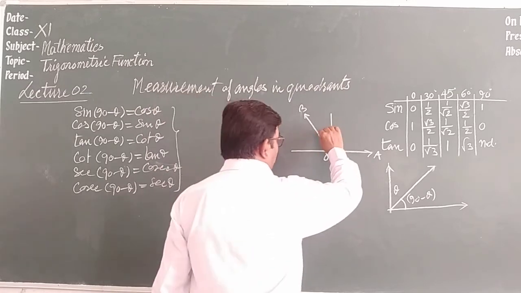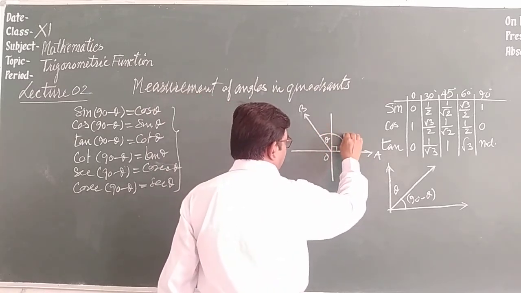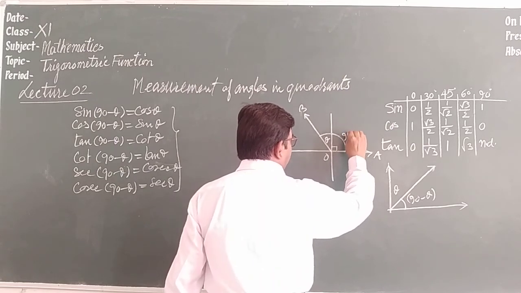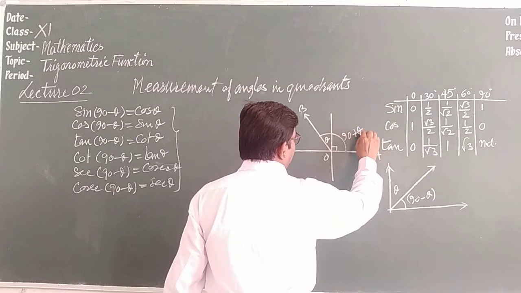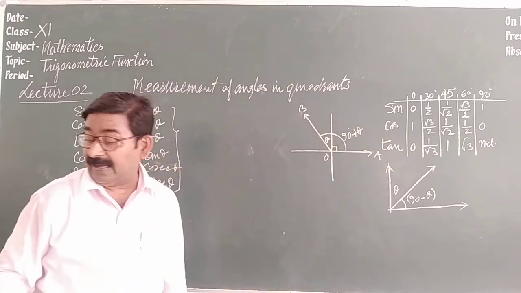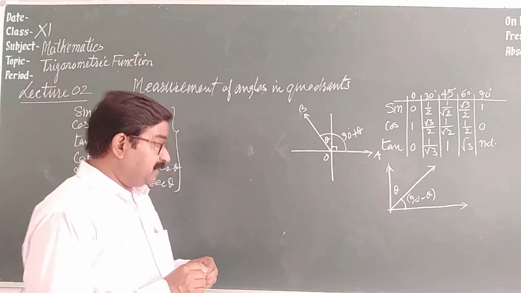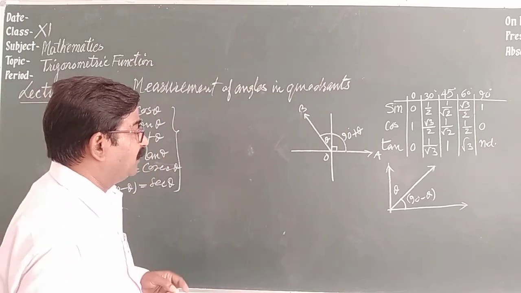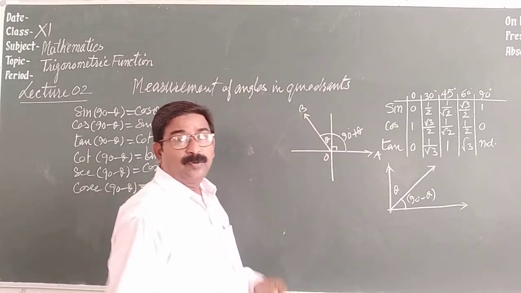This angle is theta. So what is the total measure of this angle? Clearly you can see 90 degree plus theta. And clearly it is in second quadrant. See, this angle is in second quadrant.